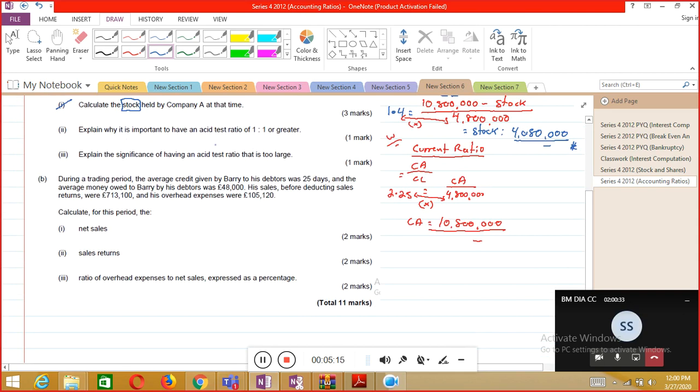Explain why it is important to have an acid test ratio of 1 to 1 or greater. Now remember, this is your benchmark.